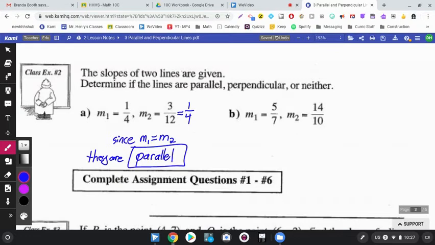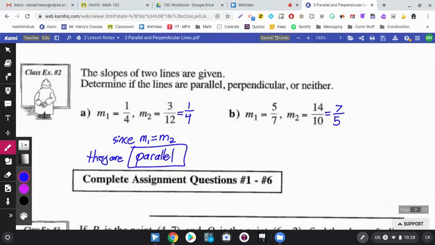Well, 5/7 is fully reduced. Great. 14/10 would reduce. Both of those are divisible by 2. And I get 7/5. And we're close. We're thinking perpendicular. We're dancing with the idea of perpendicular. 5/7, and then I have the reciprocal 7/5. But what I need is the negative reciprocal.